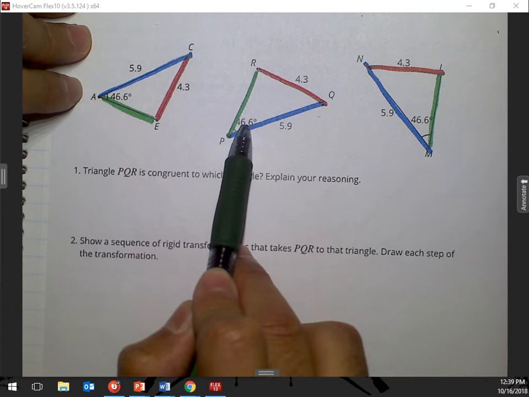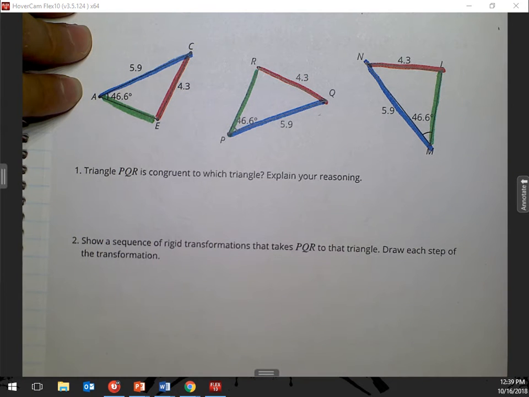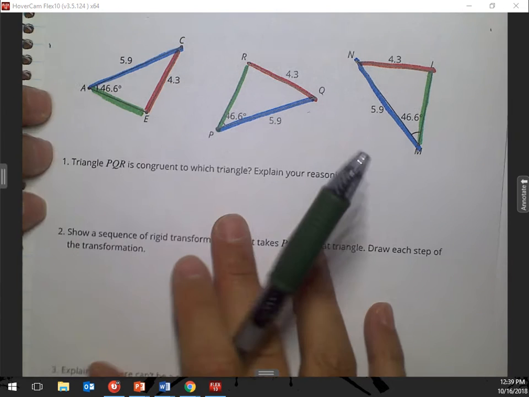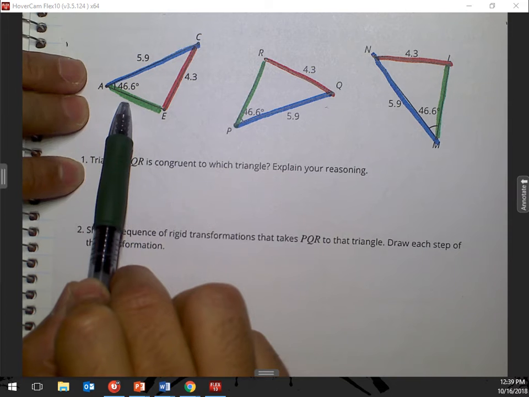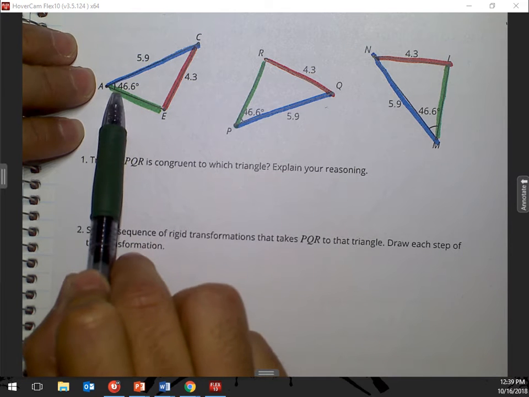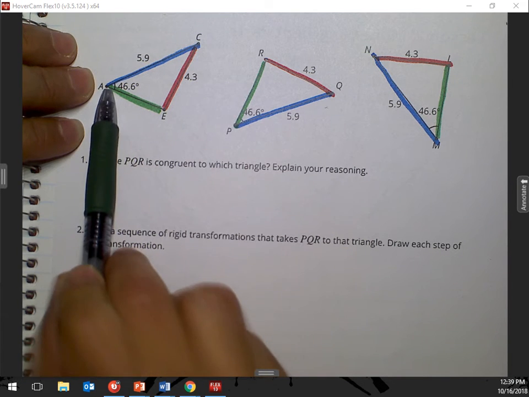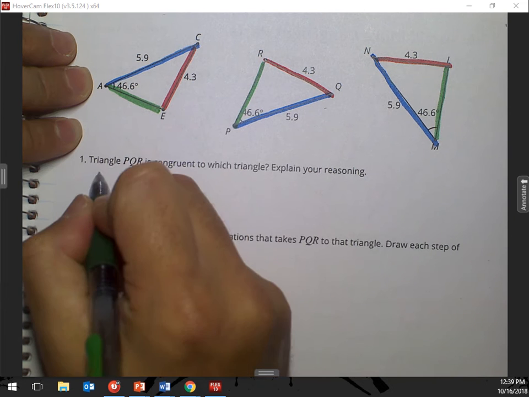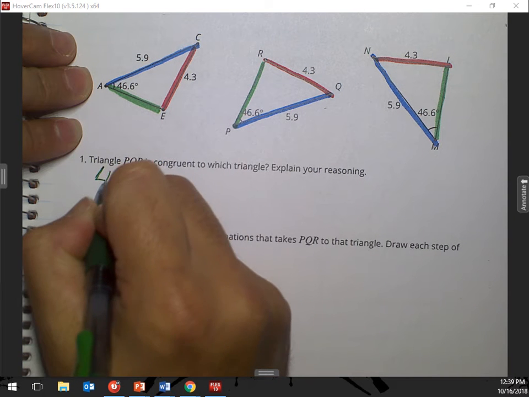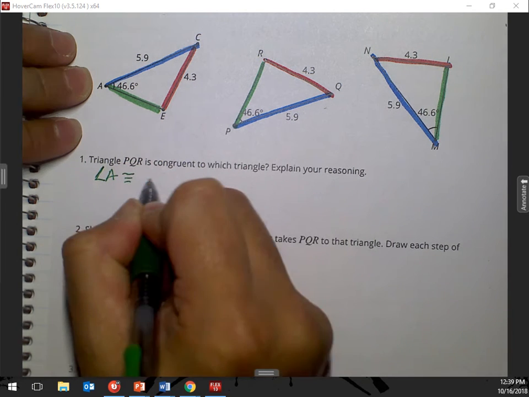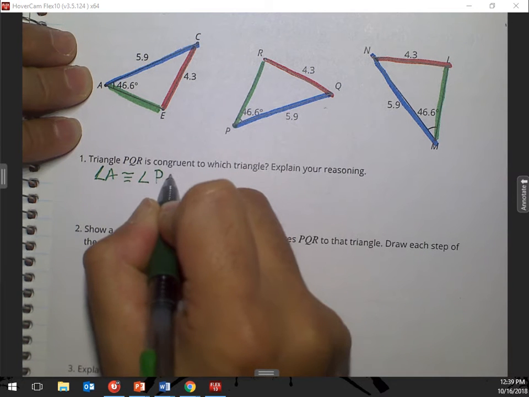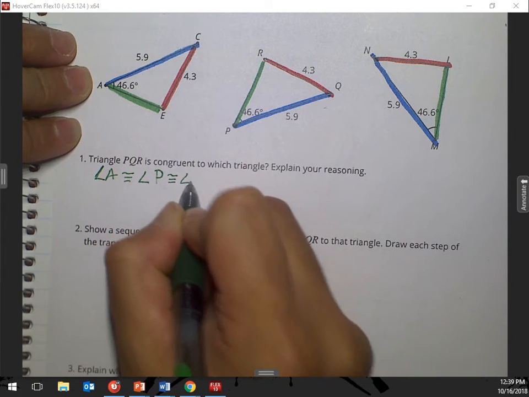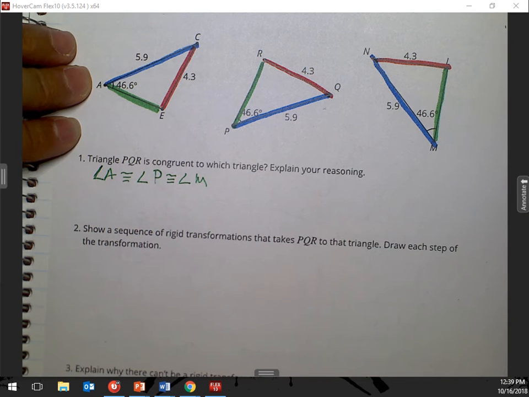This one is 46.6, and this one is 46.6, right? So because of that, I have angle A congruent to angle P, which is congruent to angle M.